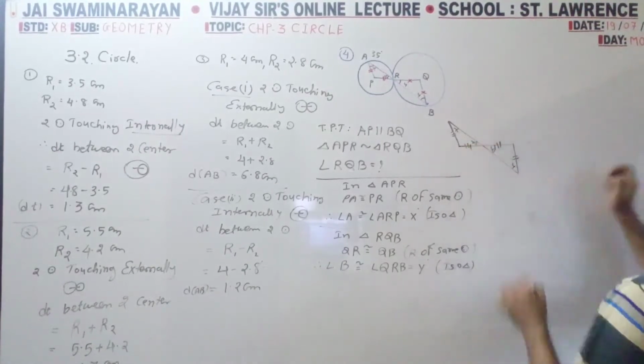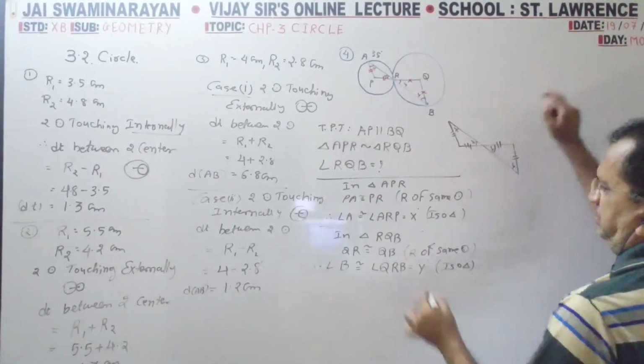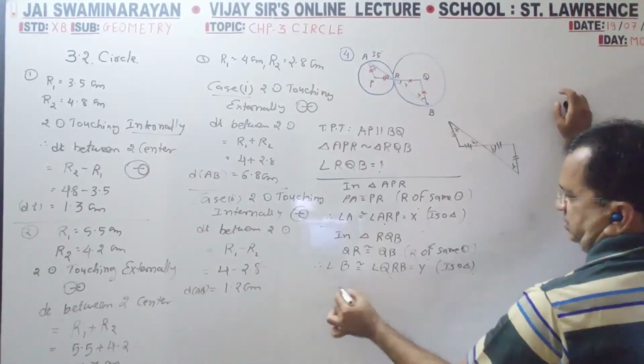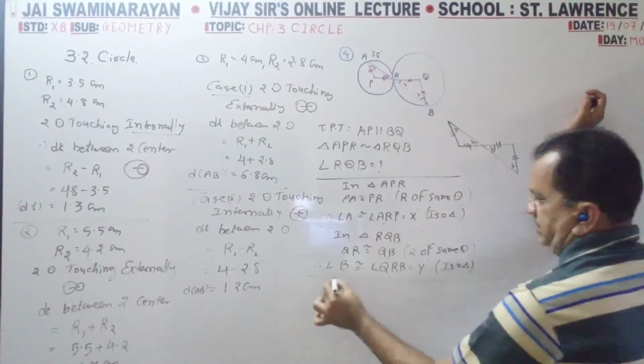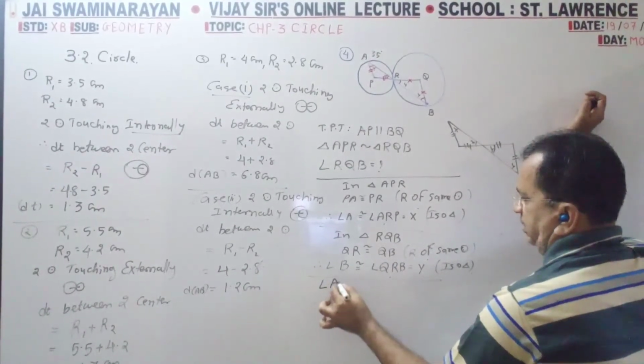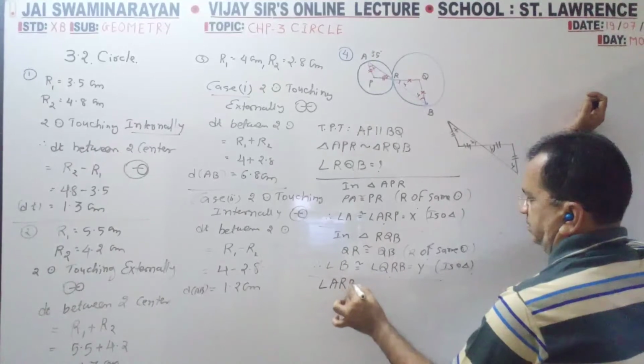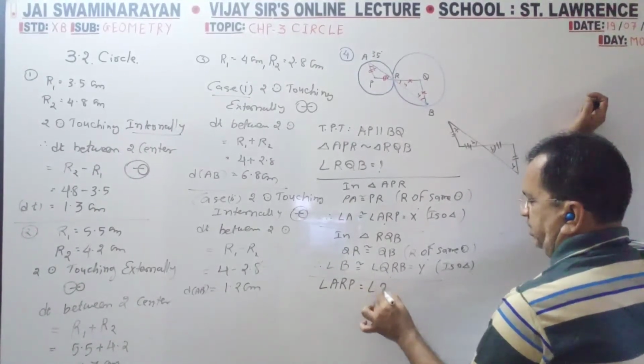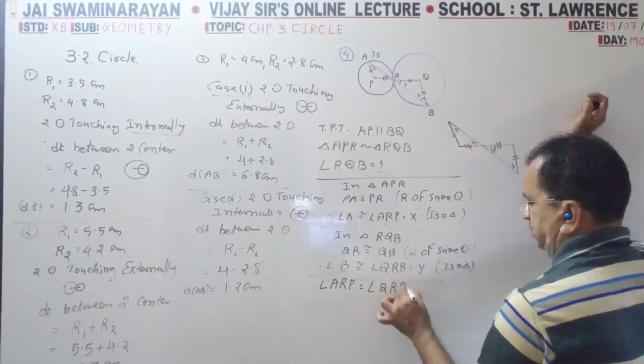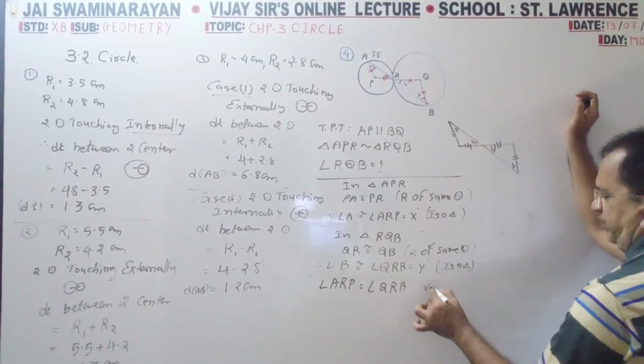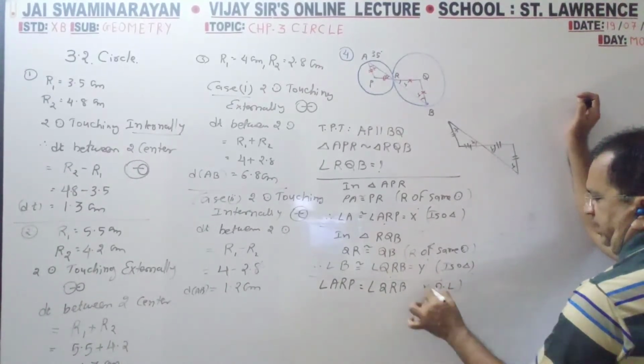Now these are vertically opposite, this and these. Angle ARP is equal to angle QRB, vertically opposite angles.